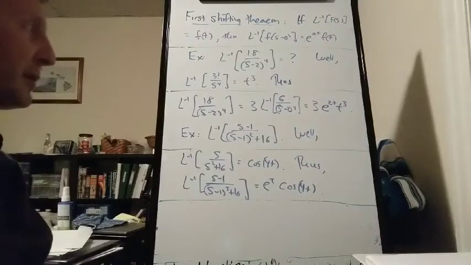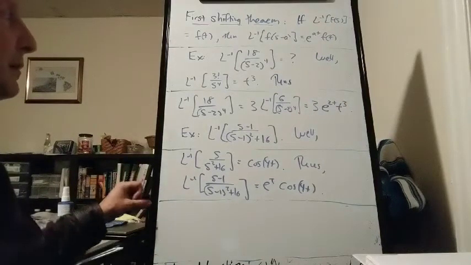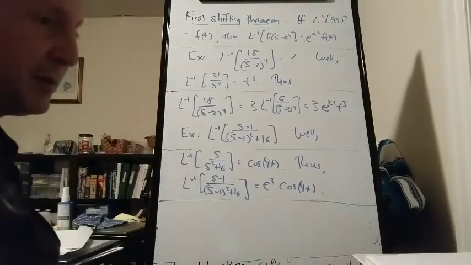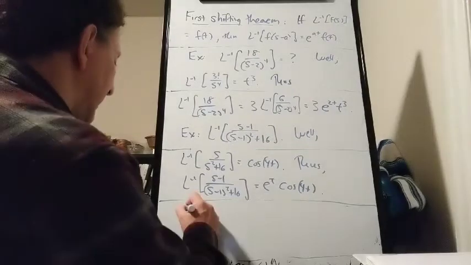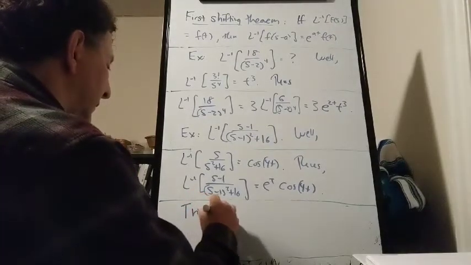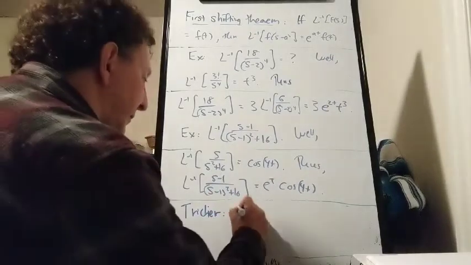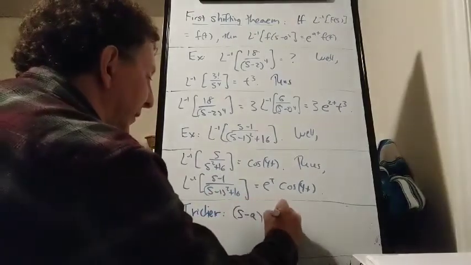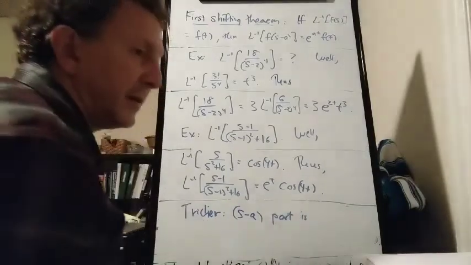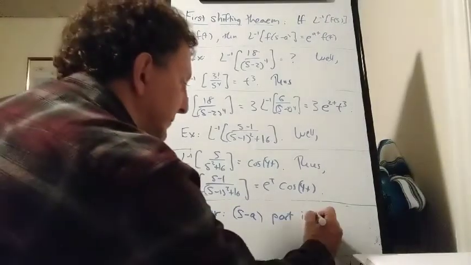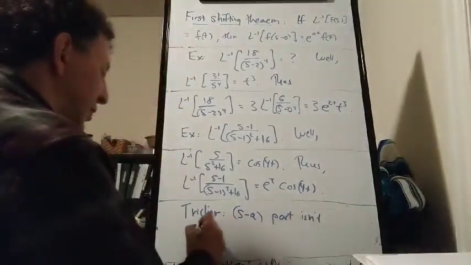Alright, now in the inverse direction things can get a little trickier than these two examples, so let me put a tricky example up. It's trickier if the s minus a part isn't shown explicitly.